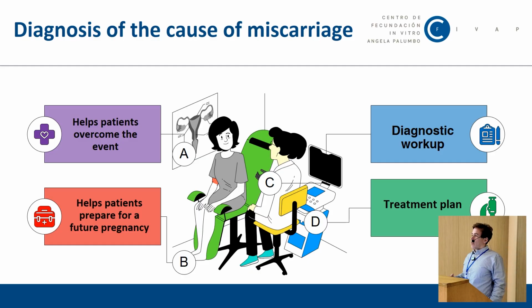The diagnosis of the cause of the miscarriage could help patients overcome the event, help patients prepare for a future pregnancy, and could help the medical team to propose a diagnostic workup and develop a treatment plan for the patient.